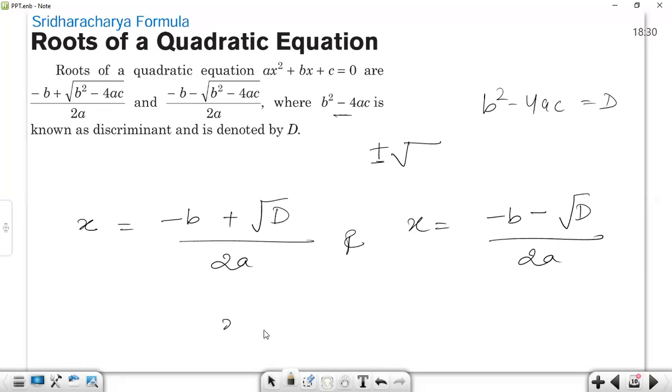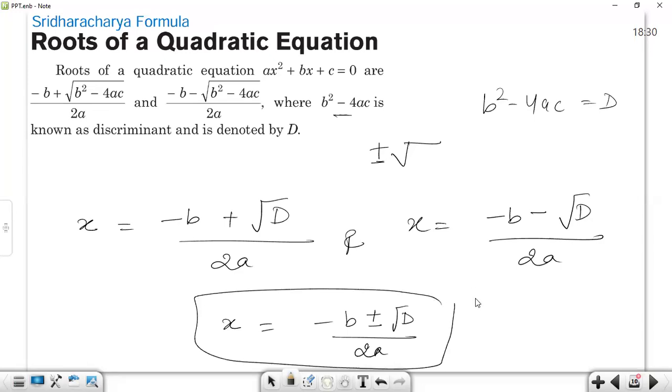So we can combinedly write this solution as plus minus square root D on 2a. These are the two roots of the quadratic equation ax square plus bx plus c, and D stands for b square minus 4ac, which is the discriminant.